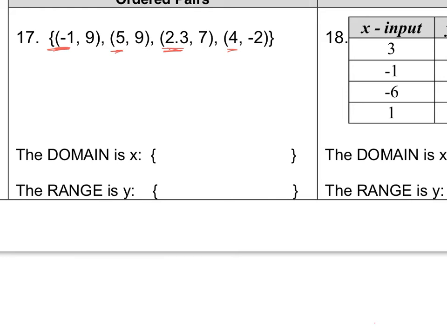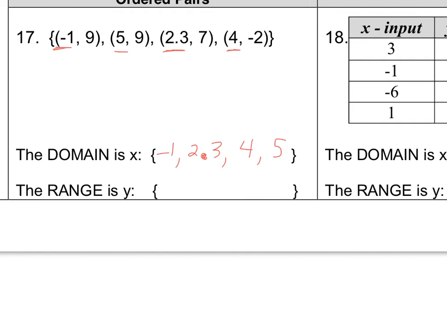So I've got -1, I've got 5, I've got 2.3, and I've got 4. Now, mathematically, we should put these in numerical order. So even though those are the numbers that I've got, I'm going to go back and I'm going to rewrite them in numeric order.